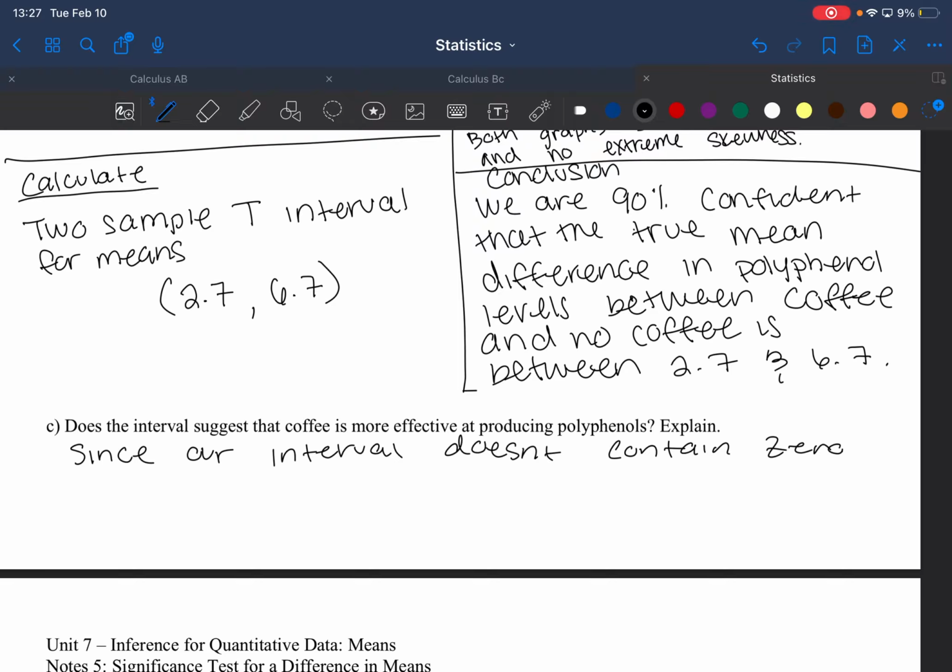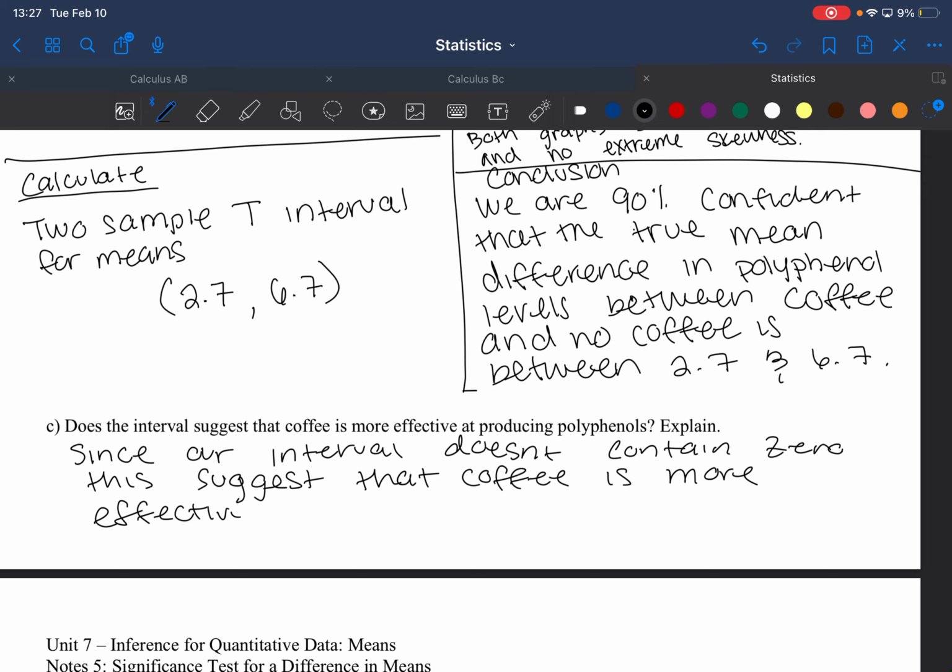That means this suggests that coffee is more effective at producing polyphenols. So if 0 was in our interval, we would make the conclusion that what? That coffee is not more effective at producing polyphenols.